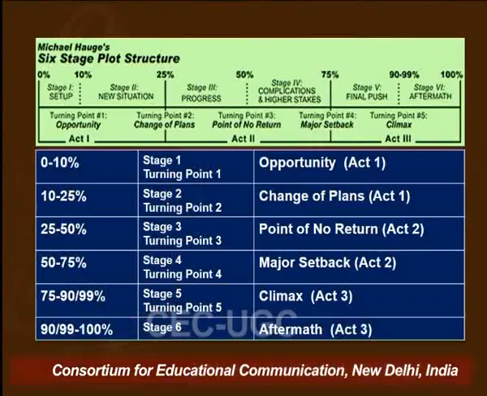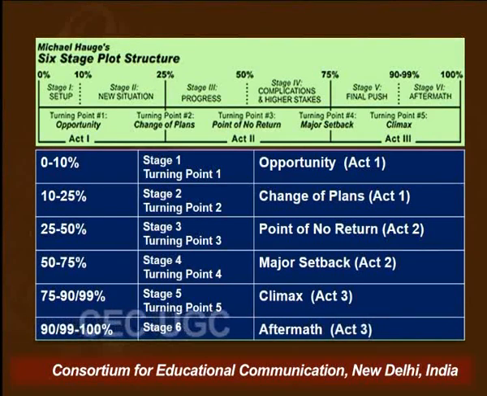If you can see on your screen, it is always about 0 to 10%, which is called setup, 10% to 20%, which is called new situation, 25% to 50%, which is called progression, and then 50% to 75% is called complications and higher stakes. Then 75% to 90% is called final push, and 90 or 99% to 100% is called aftermath.